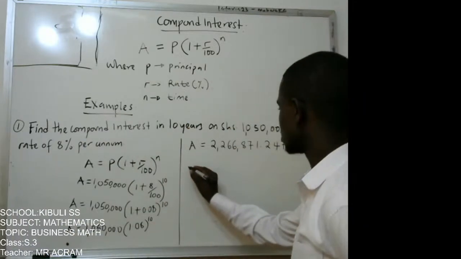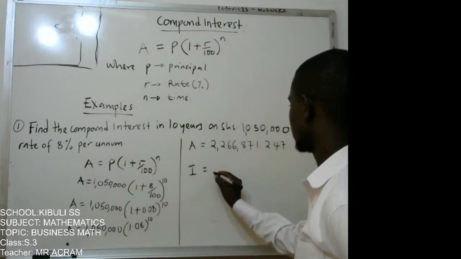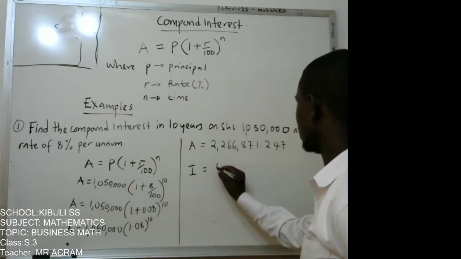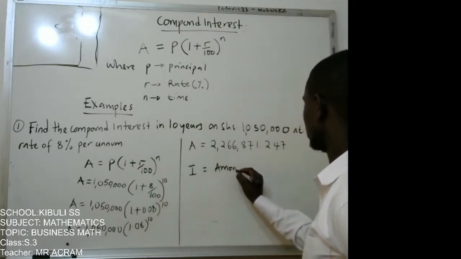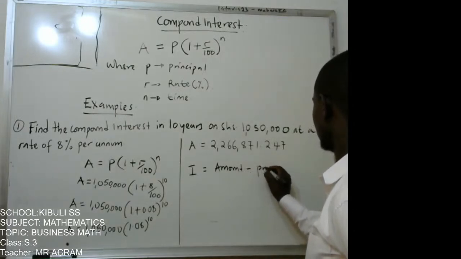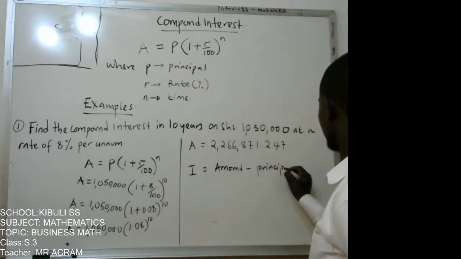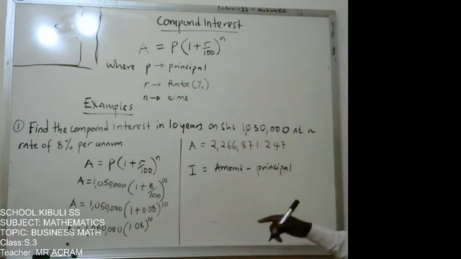So our interest will be got from the amount minus what? Minus the principal. The interest that this person will get is what we've got back minus the principal, the money that they borrowed us, not so? Yes.